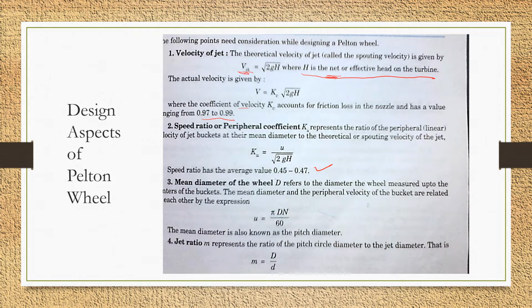The jet ratio is given as the ratio of pitch circle diameter divided by the jet diameter. So these are the formulas we have to remember.